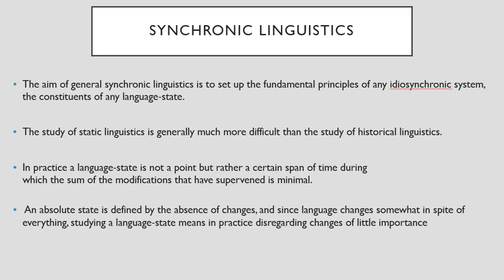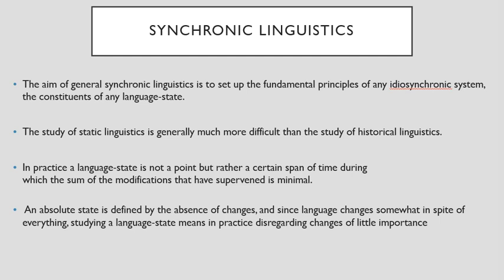Synchronic linguistics. Saussure gives us more ideas about what he means by synchronic linguistics at the beginning of part 2. He says that the aim of general synchronic linguistics is to set up the fundamental principles of any idiosynchronic system, the constituents of any language state. So what does this sentence mean?